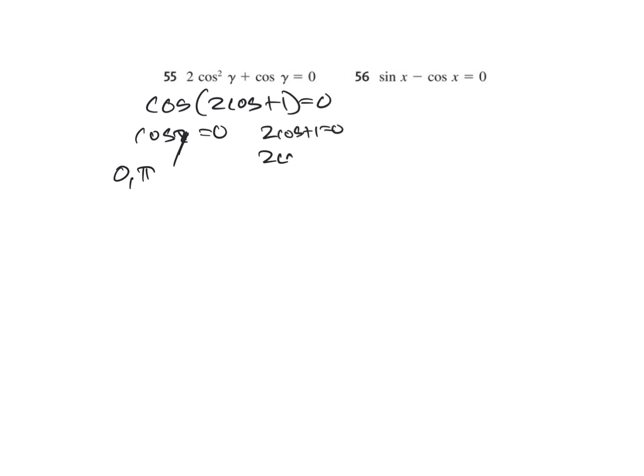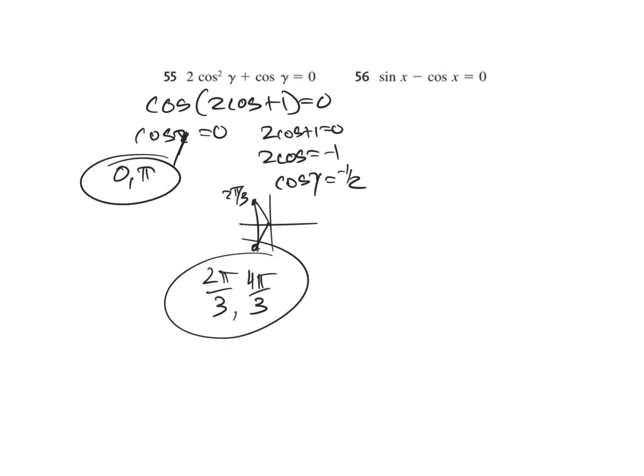So where does the cosine of x equal negative 1/2? Negative 1/2, that would be in those positions. So that is 2 pi over 3 and 4 pi over 3. So those are your numbers for 55.